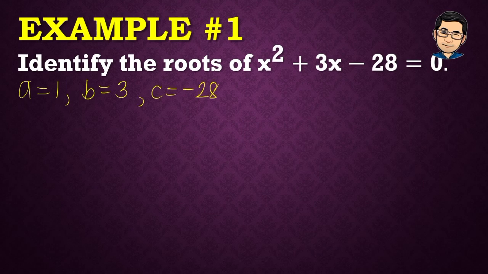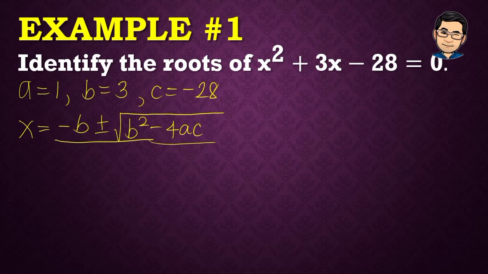Now, let's apply the quadratic formula. x equals negative b plus minus the square root of b squared minus 4ac all over 2a. Now, substitute the values of a, b, c to the formula.